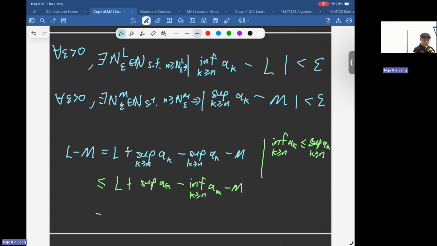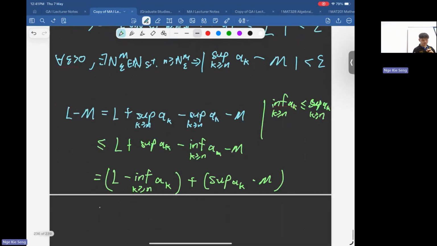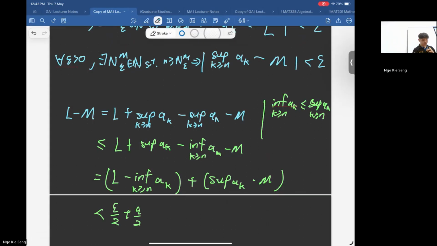OK，然后 L minus C 会小于最小的 epsilon。So you group these two terms together. Right. Okay. And then you try to make these two maybe to be less than epsilon over 2. Then you can get epsilon.